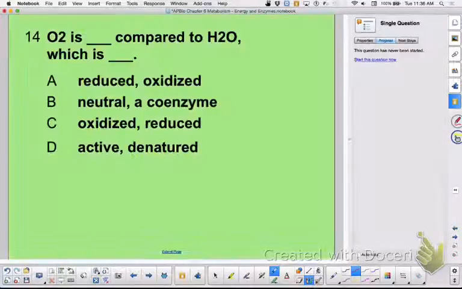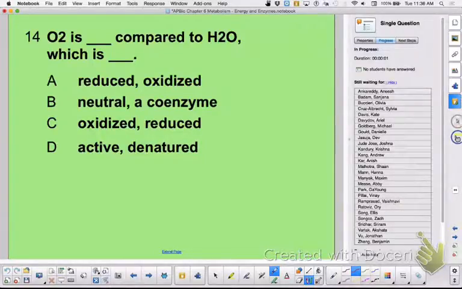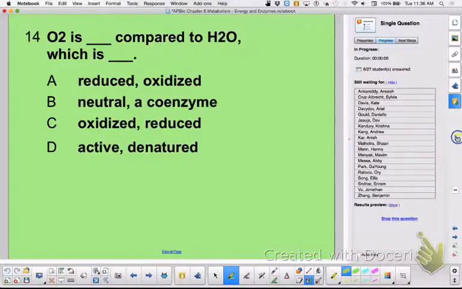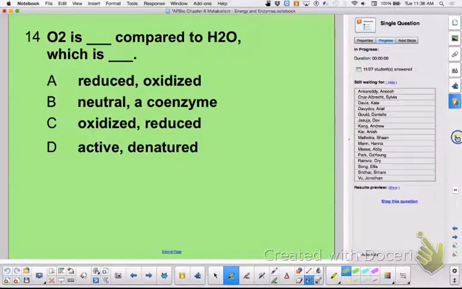All right, let's try another one. So if I said I have oxygen, would I say it had been oxidized or reduced, compared to water?